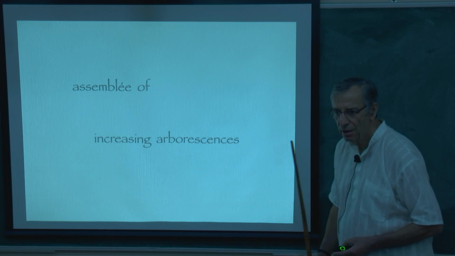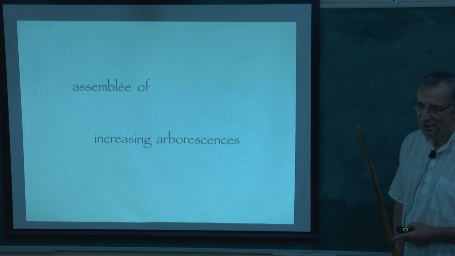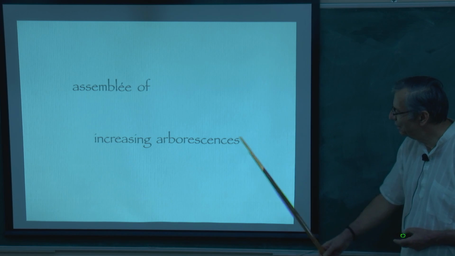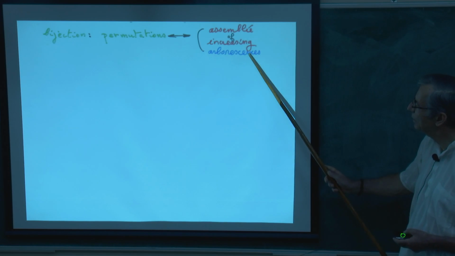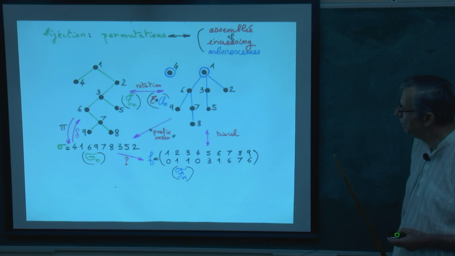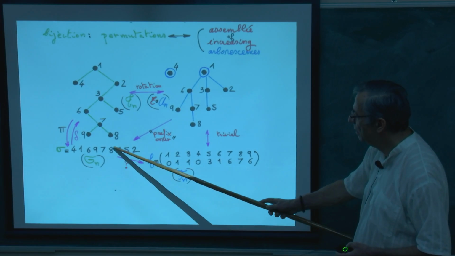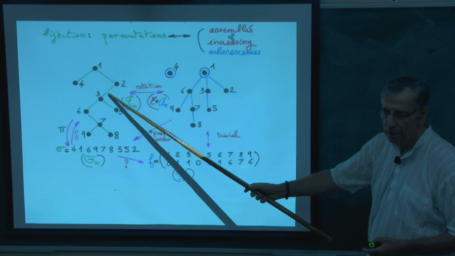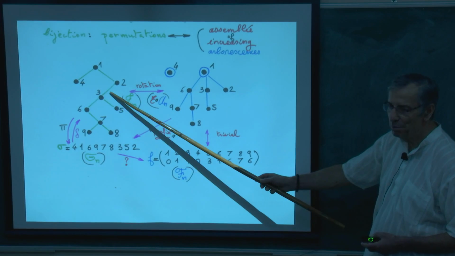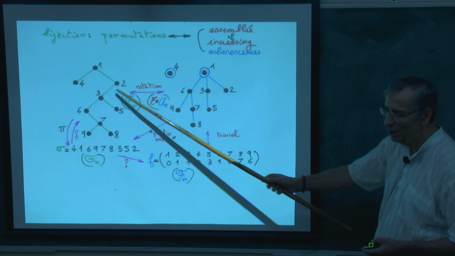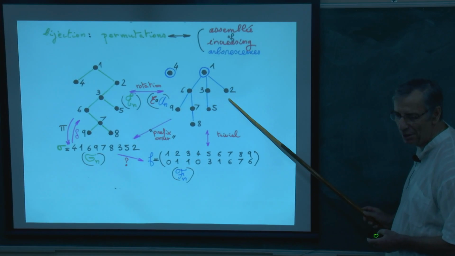The second kind of increasing trees: now we go to arborescences, increasing planar trees, or in fact a species of arborescences, and an assembly of increasing arborescences is in bijection with permutations. So here is a permutation. You get the increasing binary tree related to the permutation. You know the rotation of binary trees, which transforms a binary tree into a forest of planar trees, but I do the rotation while keeping the labeling.